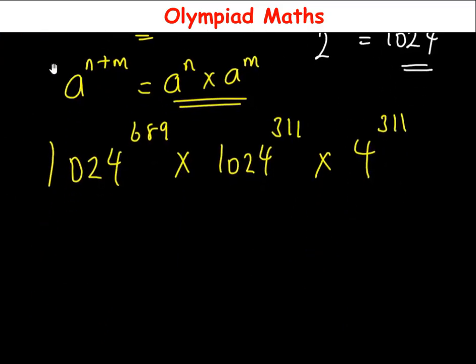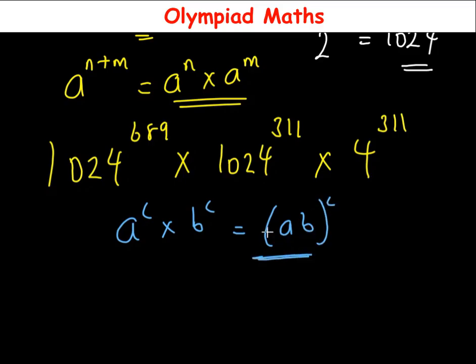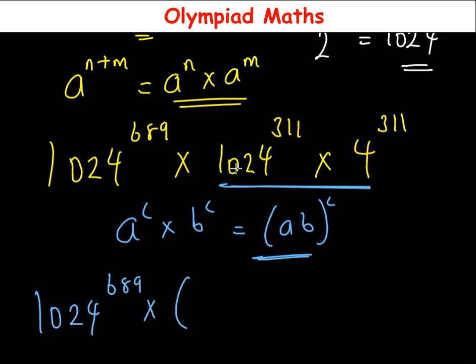And with this, again, we are going to apply this rule that if you have a raised to power c times b raised to power c, this equals a times b all raised to power c. Applying this right here, we have 1024 all raised to power 689, then times, you multiply the base, 1024 times 4, then you pick one of the exponents, so 311.